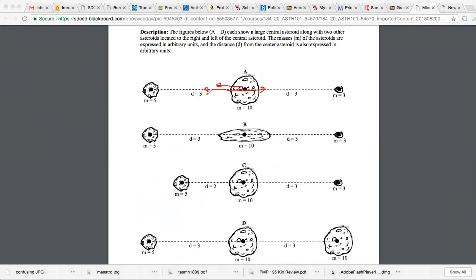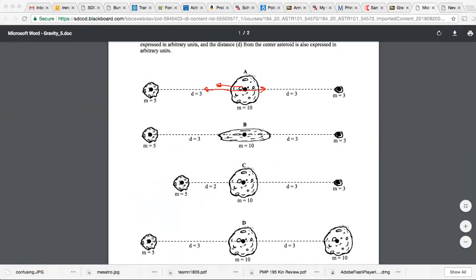Very good. So you get that number, and then you get this number, which is going to be what? This other force. 30 divided by 9. Very good. And then you find the difference between them, right? And that's your net force. Does that make sense? Yes. Very good. Okay. And then you do that for all of them and see which one has the greatest net force. Okay. Perfect.